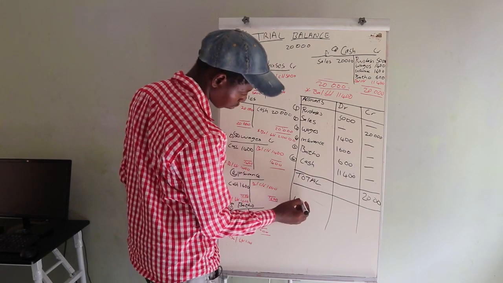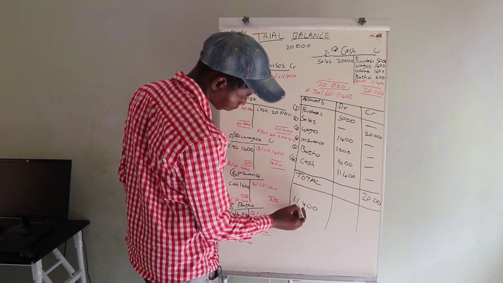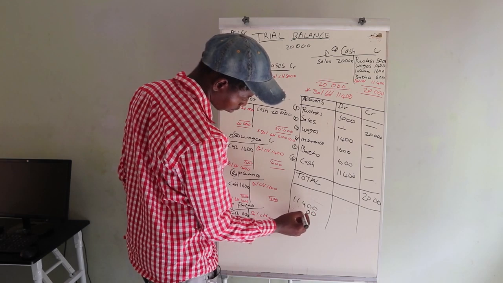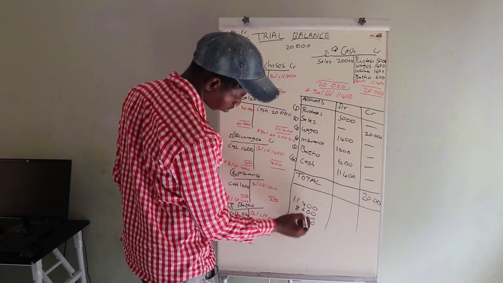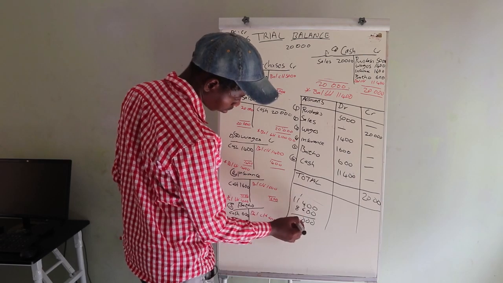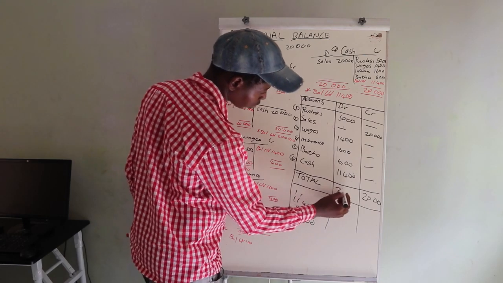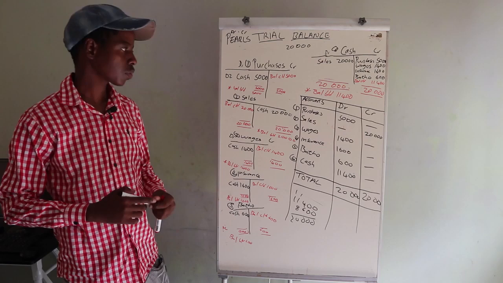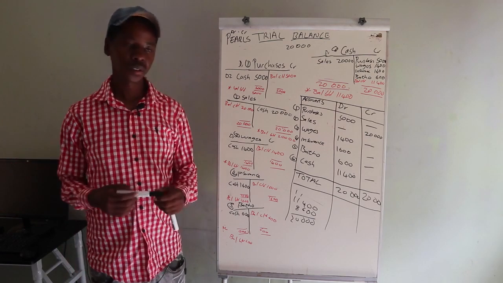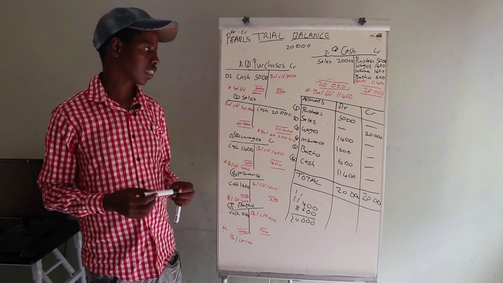Yeah, let me confirm it. 11.4 plus 8.6 is 20,000. Yeah, that should be 20,000. So that's how we prepare a trial balance, right?